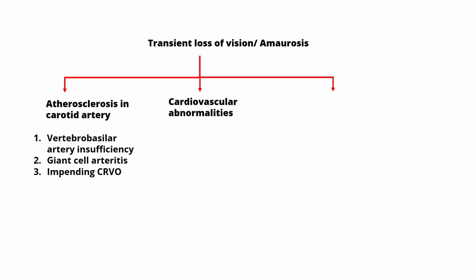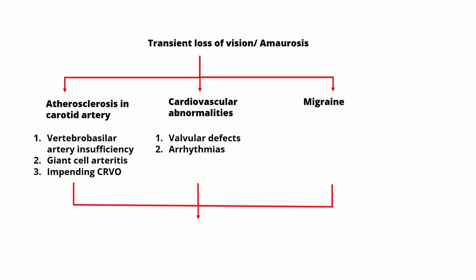Or cardiovascular abnormalities like valvular defects, arrhythmias, the patient can present with transient loss of vision which improves within a few minutes or a few seconds. Migraine is the most common cause of transient loss of vision, where the patient either says that there's a transient loss of vision as an aura, or following headache, that he describes as scintillating scotoma, or transient loss of vision which lasts for a few minutes or a few hours and then improves spontaneously.